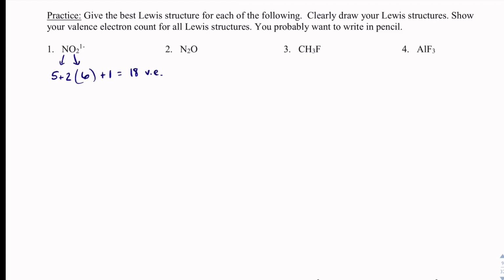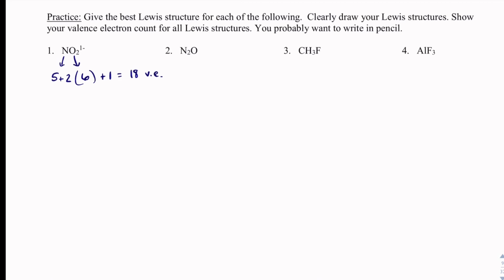Now, our unique atom is going to be nitrogen here, and let me explain something about nitrogen. Nitrogen is in family 5A. Oxygen is in family 6A on the periodic table.